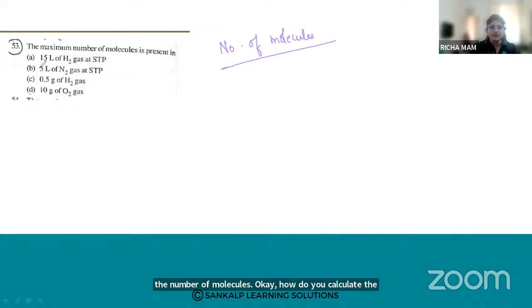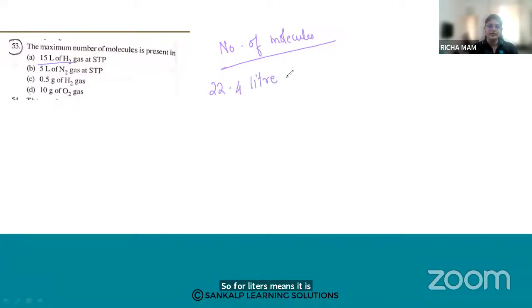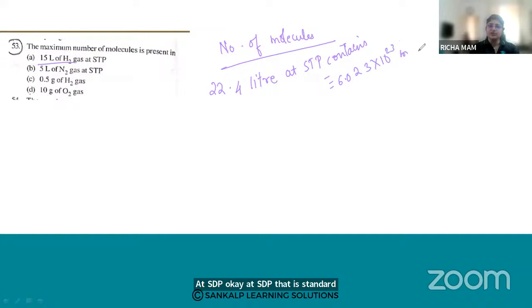Okay, how do we calculate the number of molecules? So for liters, it is 22.4. So 22.4 liters at STP, that is standard temperature and pressure, contains 6.023 into 10 raised to 23 molecules of H2. Okay, so this is the condition.